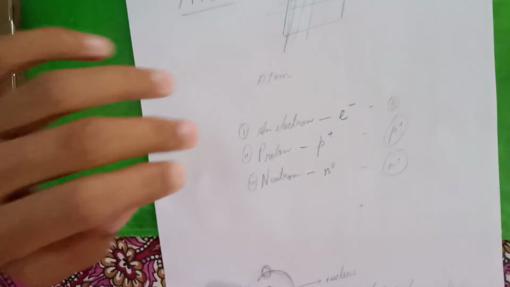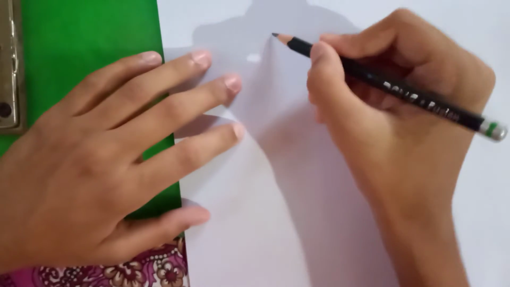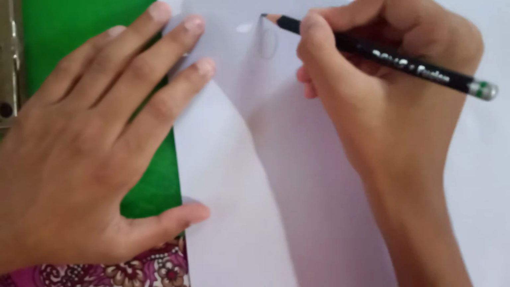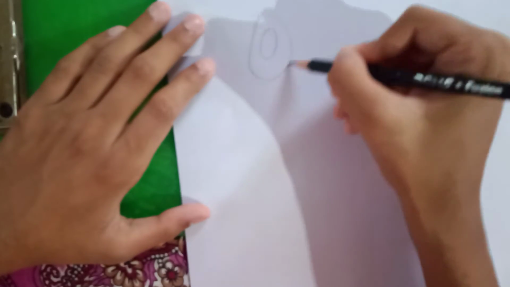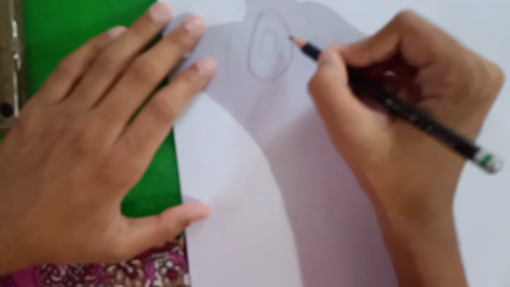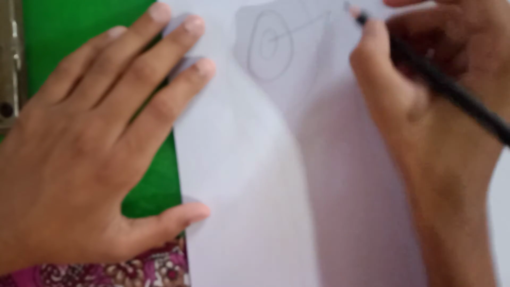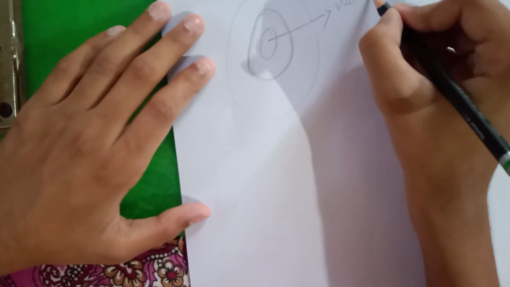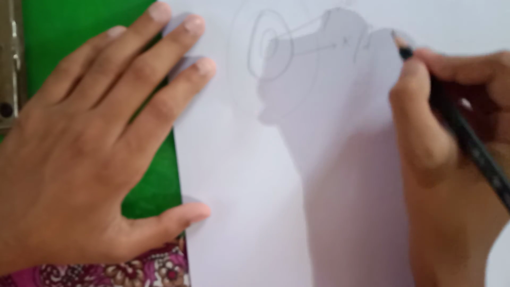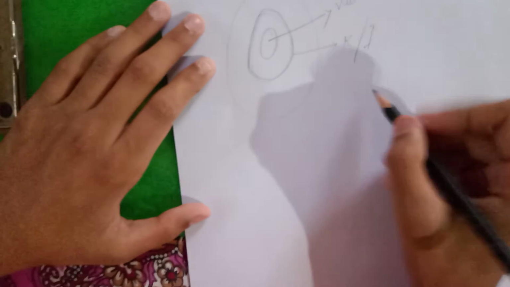Now this is an electron, and this is a proton, and this is an atom. This is the nucleus. This is the K shell or the first shell. Now how many electrons can it have?